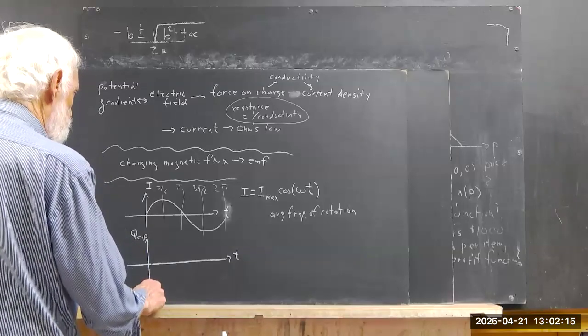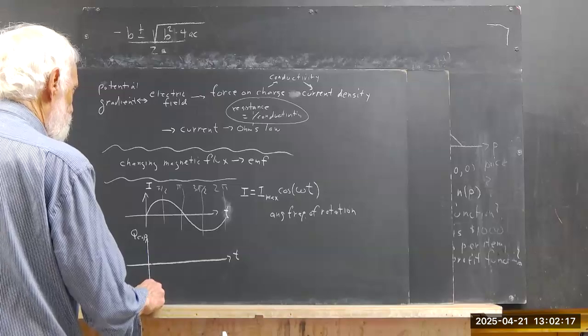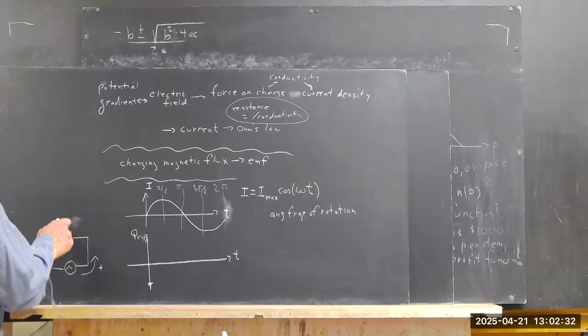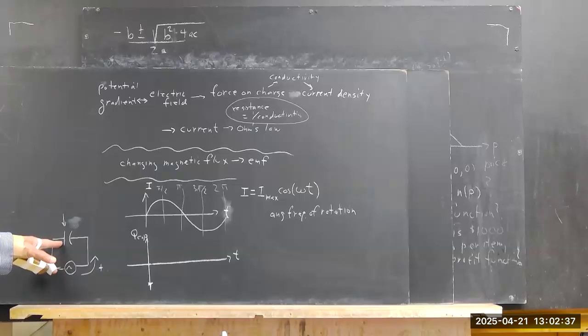I'm going to say, I want the charge to start out, or the voltage on the capacitor, start out negative, which means that I really want to be looking at this plate, okay? Because when this plate has positive charge on it, the capacitor is pushing in the positive direction, okay?